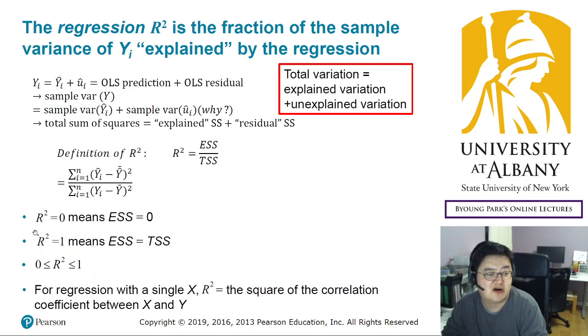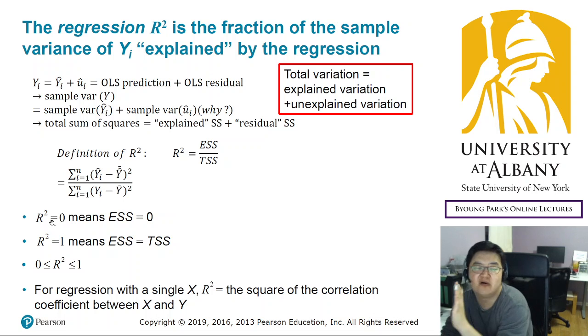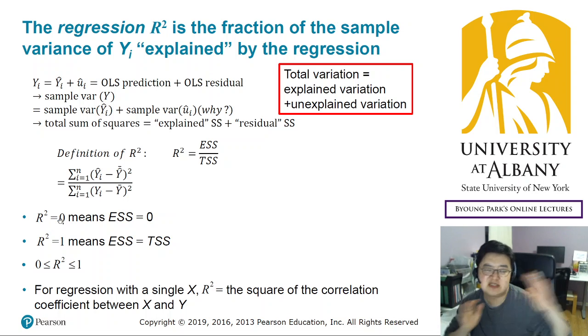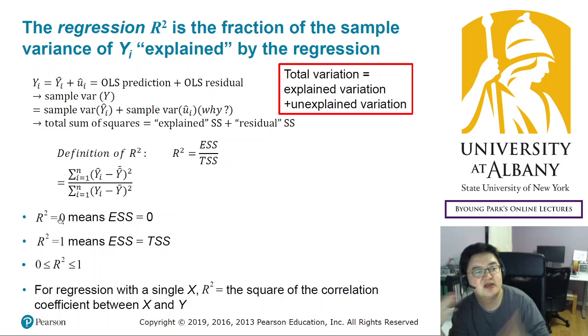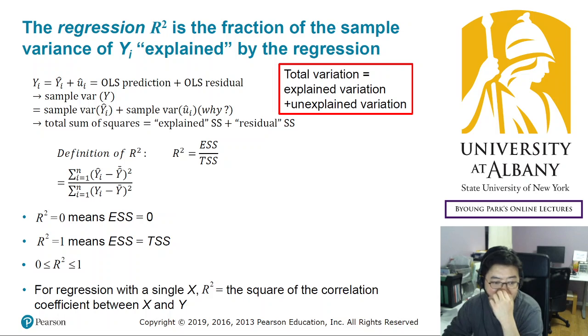So it is always between 0 and 1, and of course the better the model is, the closer to 1 the R squared is. As R squared increases, that means you are explaining more about the test score. That is the definition, right?